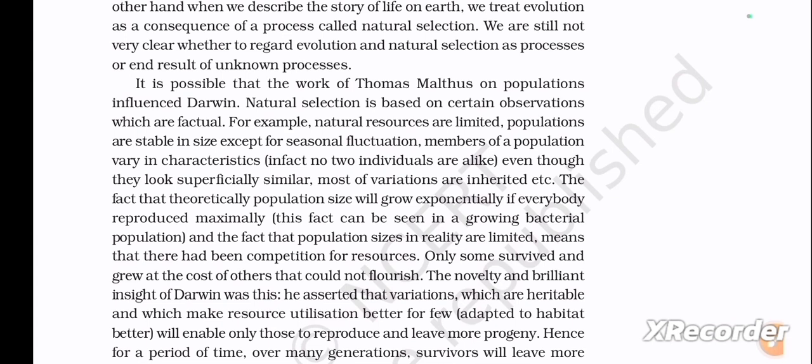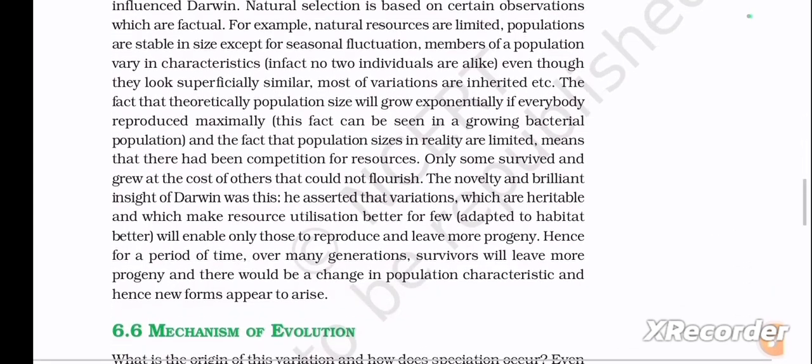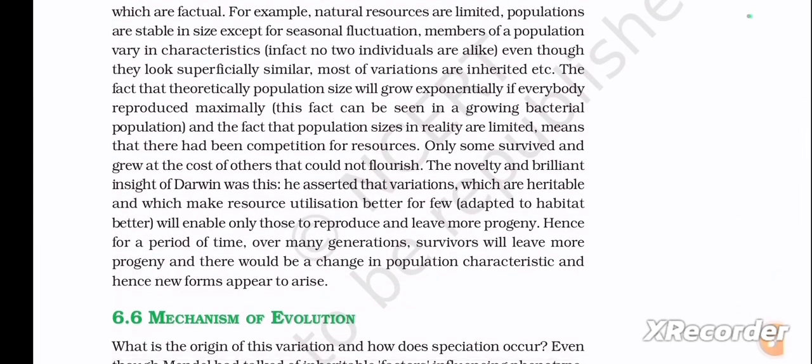Even though they look superficially similar, most of the variations are inherited, etc. The fact that theoretically population size will grow exponentially if everybody reproduced maximally. This fact can be seen in a growing bacterial population. And the fact that population sizes in reality are limited means that there had been competition for resources. Only some survived and grew at the cost of others that could not flourish.